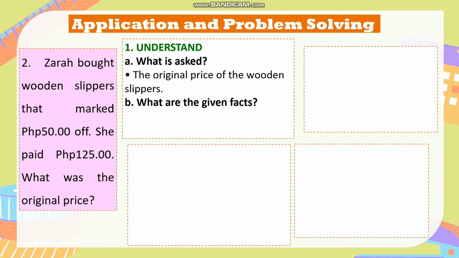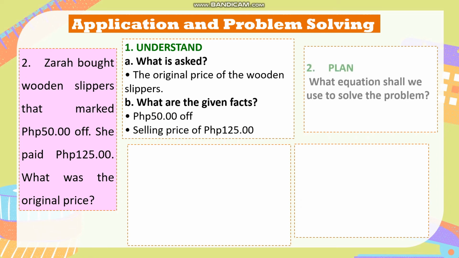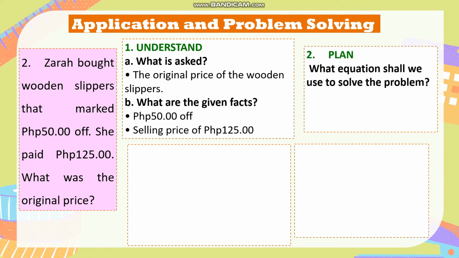Letter B. What are the given facts? 50 pesos off and a selling price of 125 pesos. Number 2. Plan. What equation shall we use to solve the problem? Let x is equal to the original price of the wooden slippers.